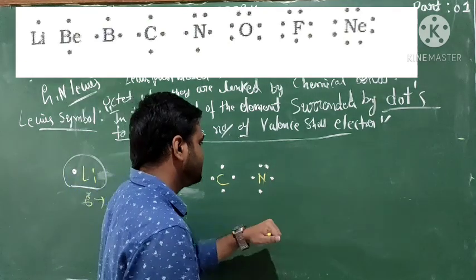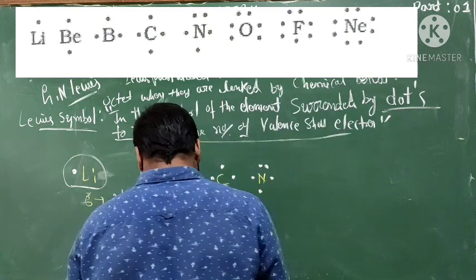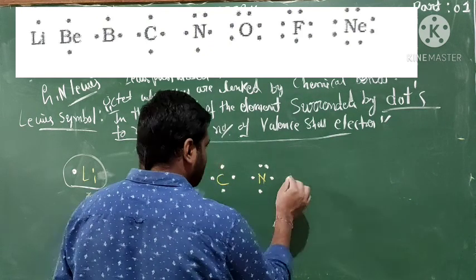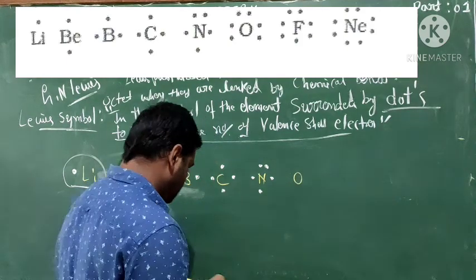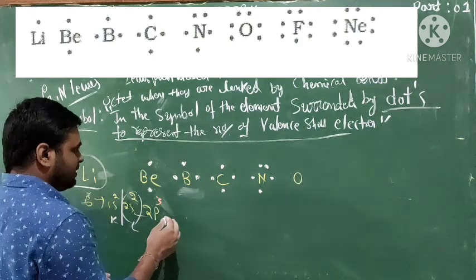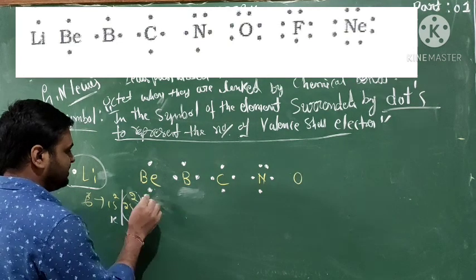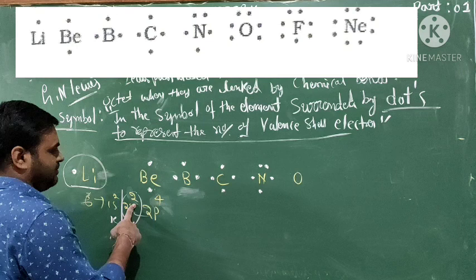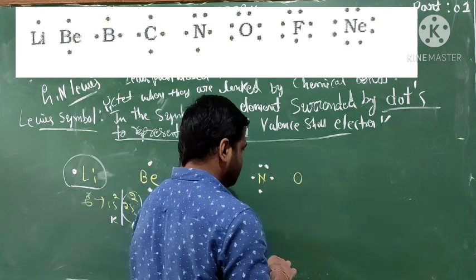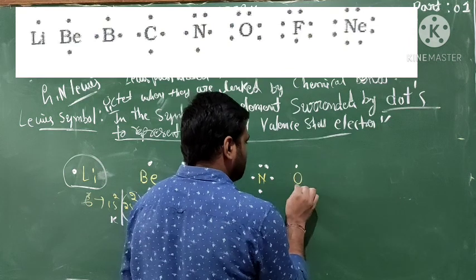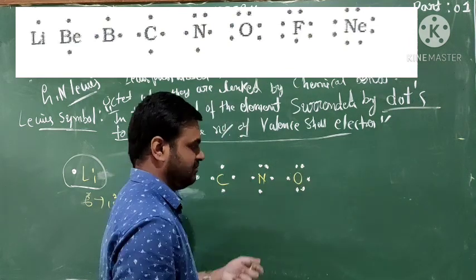Next is oxygen. Oxygen has 8 electrons, so 6 valence electrons. We represent it like this: 1, 2, 3, 4, 5, 6.